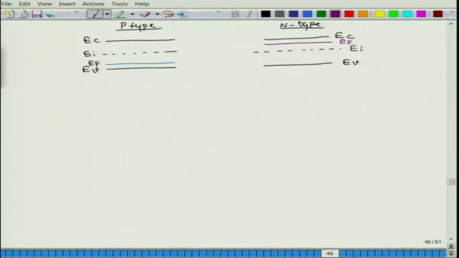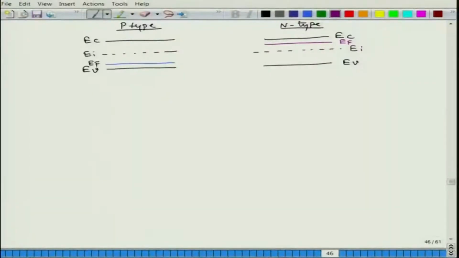Now, what you are doing? You are bringing them together, p type and n type. Once you make them together, this band bending will come into the picture, because now you have this field not equal to 0. That means the potential energy has to change across the space charge region and the bands have to be bent.